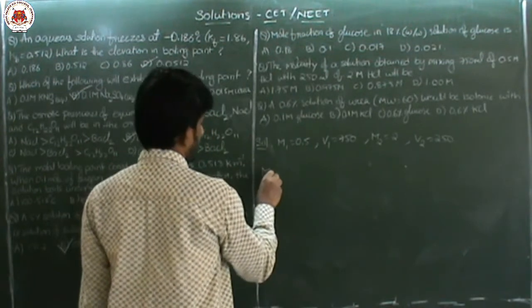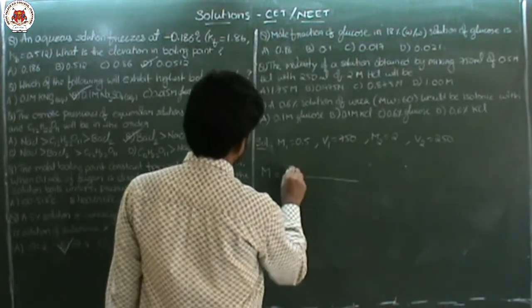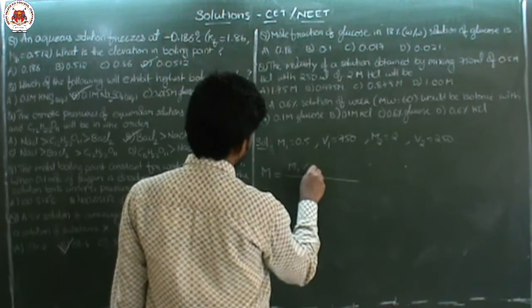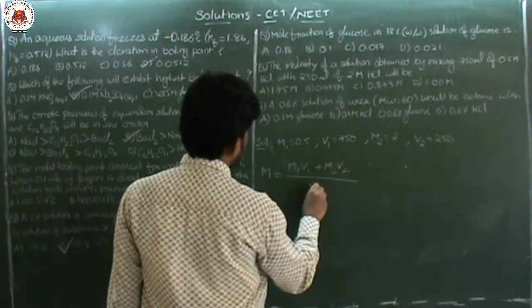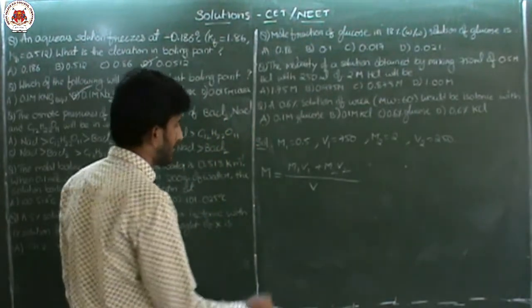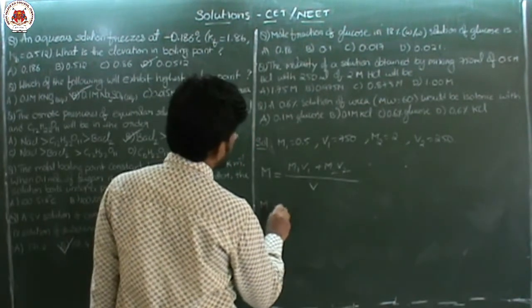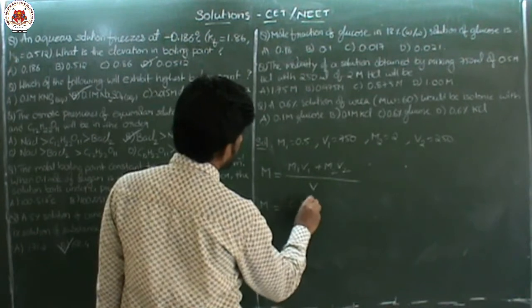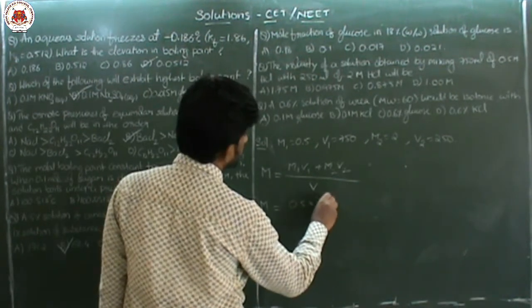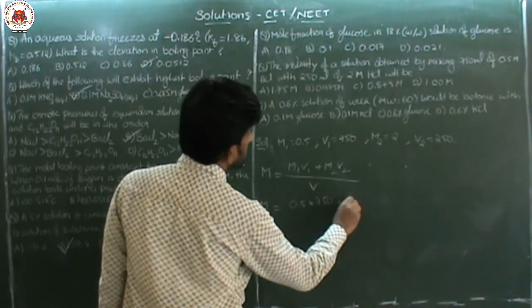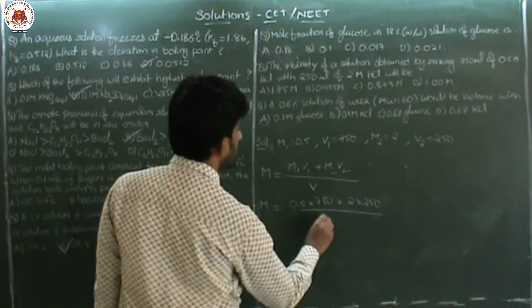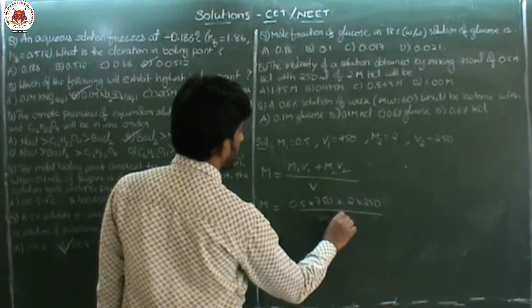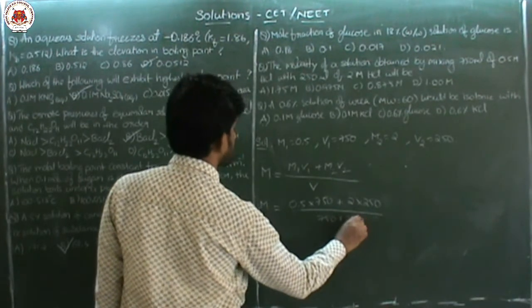The mixing formula is M equals M1 V1 plus M2 V2 divided by V. So M is 0.5 into 750 plus 2 into 250, divided by 750 plus 250.